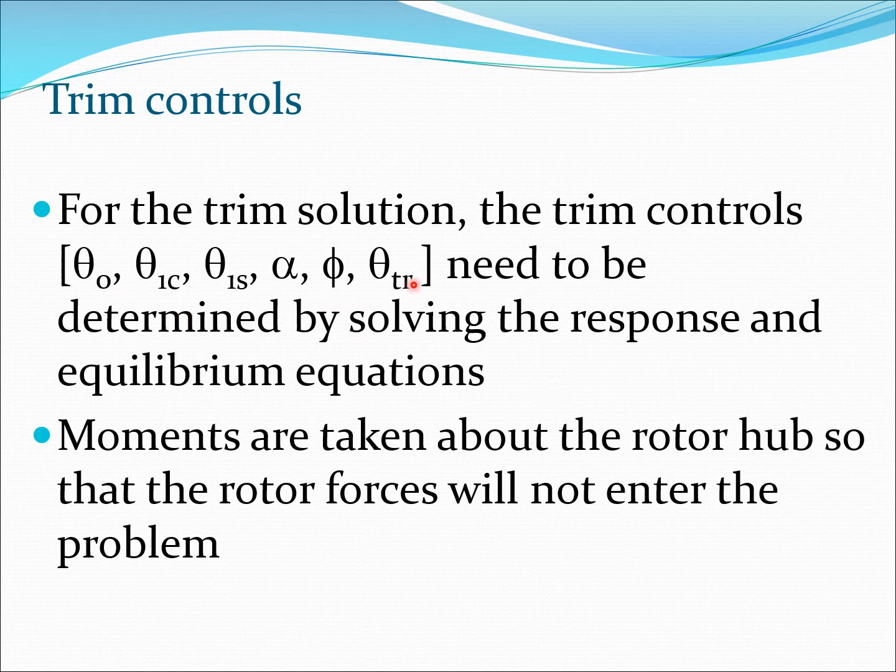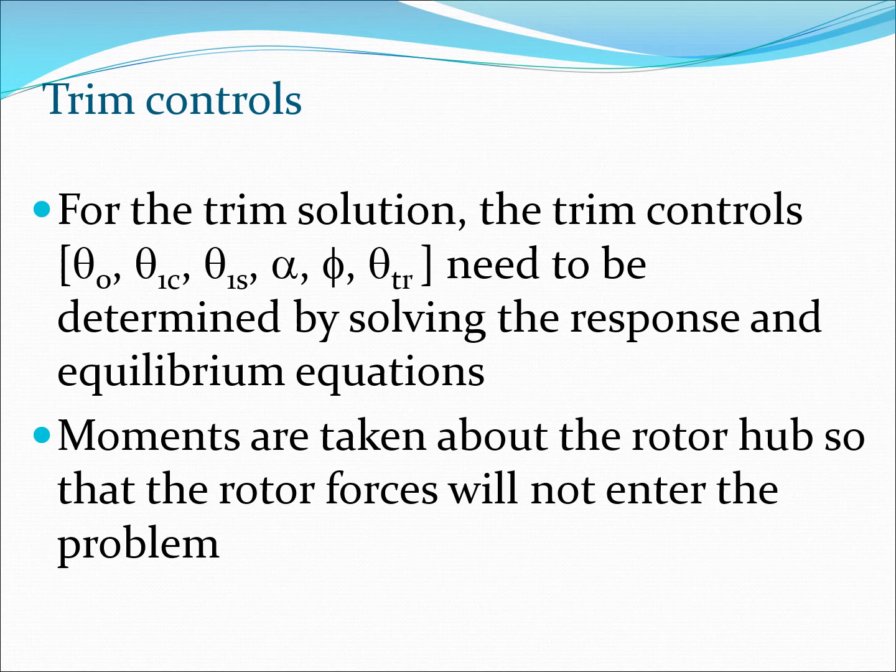So essentially, whenever the rotor is given these controls theta 0, theta 1c, theta 1s, theta tr, then after some point in flight you are going to reach an equilibrium condition, and the alpha and phi are going to correspond to that particular equilibrium condition, and this entire set of angles is known as the trim solution.